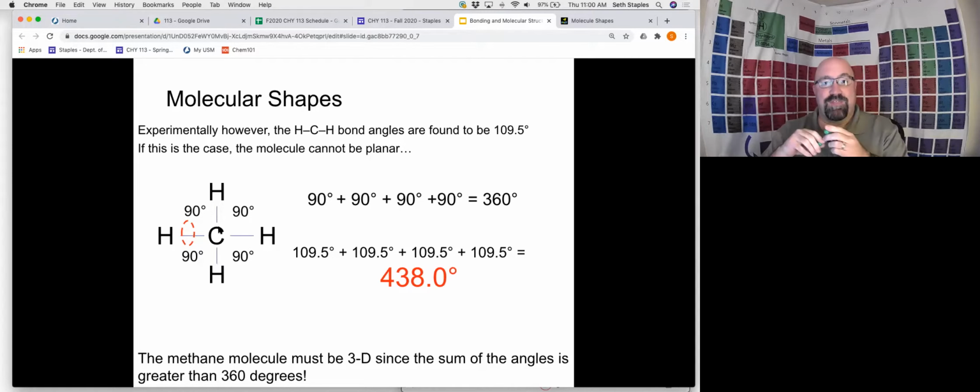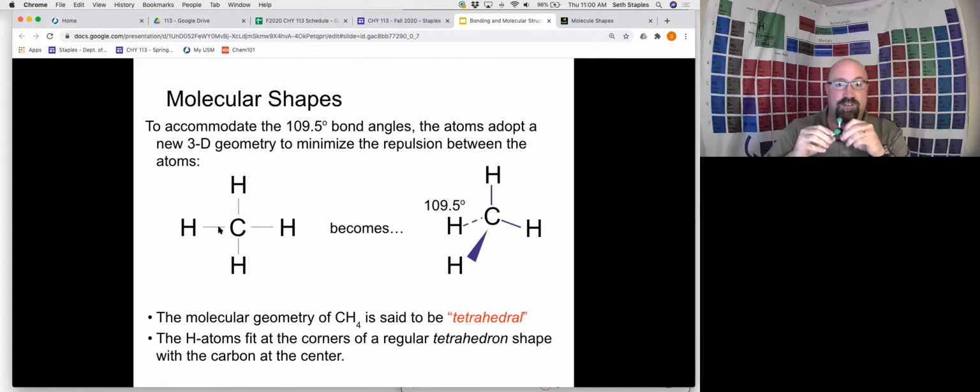And so that tells us that the methane molecule, the way the molecule actually appears in real life, must be 3D. It's got to have 3 dimensions to it, rather than just this flat 2D on paper visualization. And that's what we really see. This is what the shape of methane really would look like in order to attain that 109.5 degree angle.